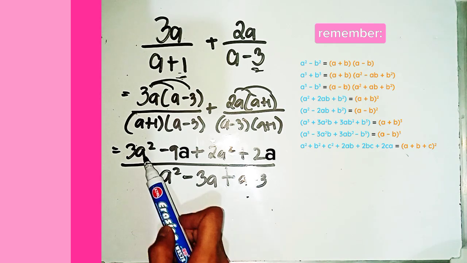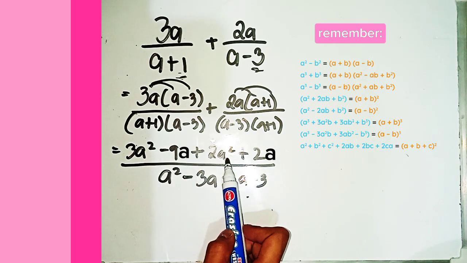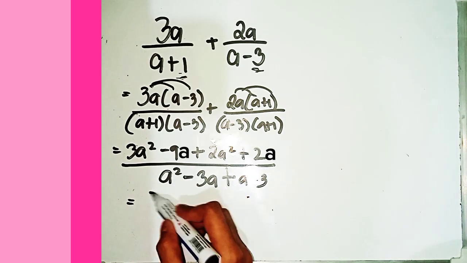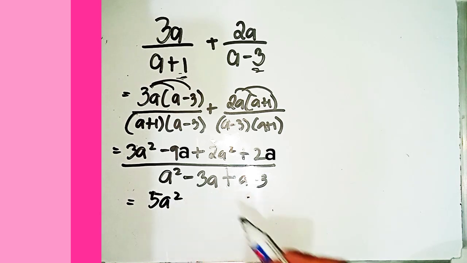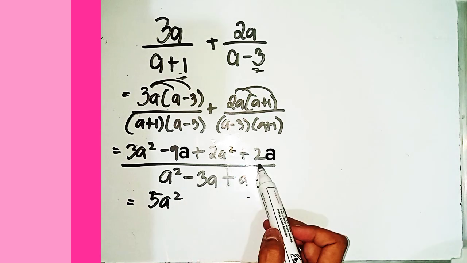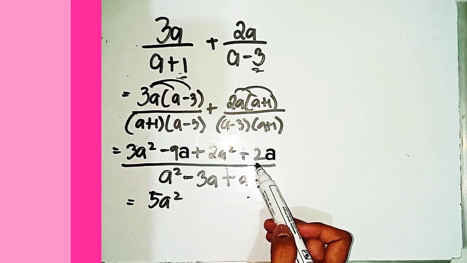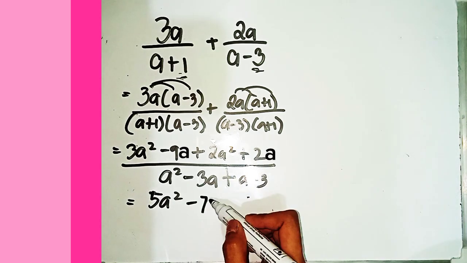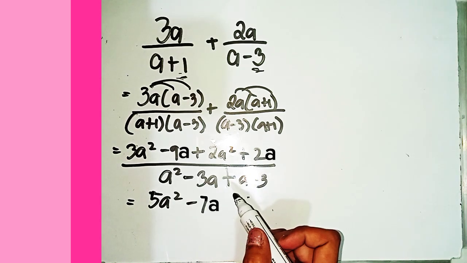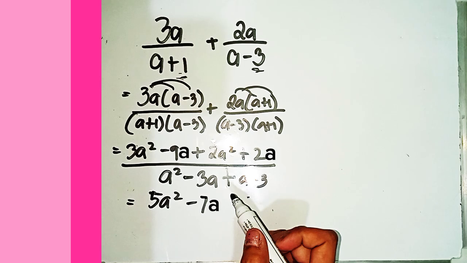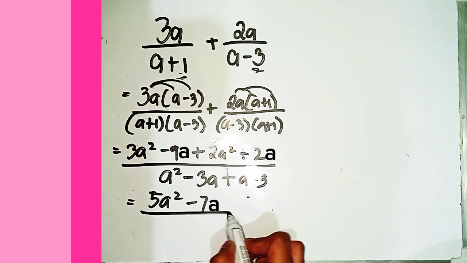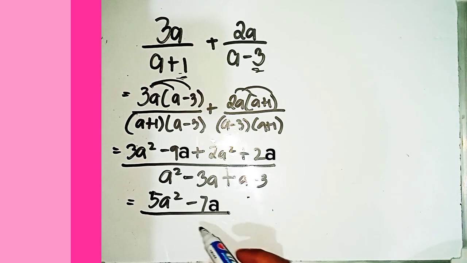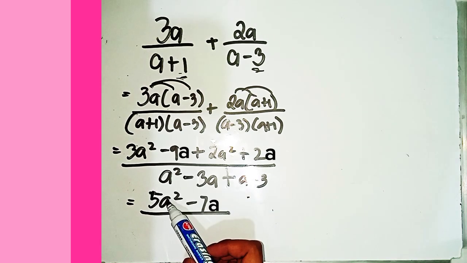Okay, so just combine the like terms, 3a squared and 2a squared, that would be 5a squared minus negative 9 and plus 2a, that would be negative 7a all over. So we can still combine negative 3a plus a, that would be negative 2a.